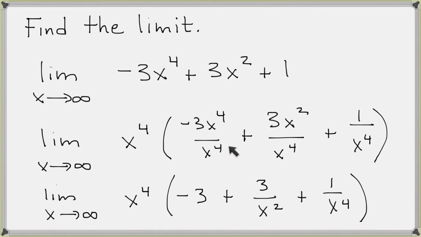So negative 3x to the fourth divided by x to the fourth will be negative 3. Here I had 3x squared and x to the fourth in the bottom. So two of these x's will cancel with two in the bottom and leave me with that. And 1 over x to the fourth, there's not much I can do with that.